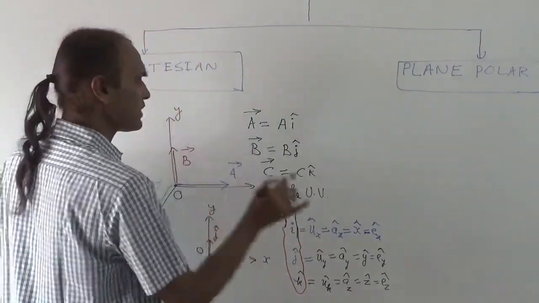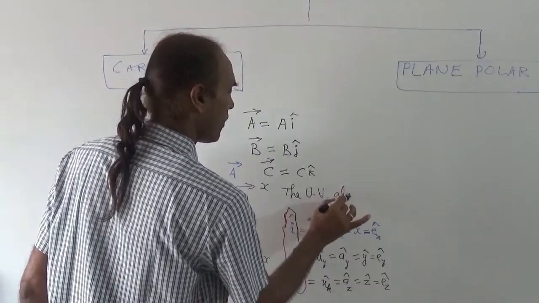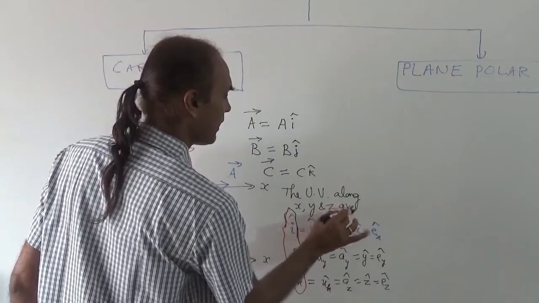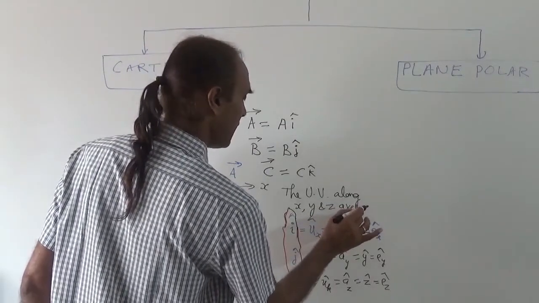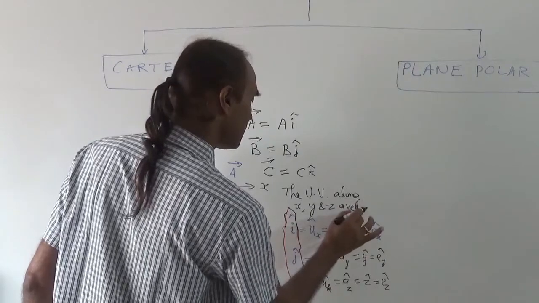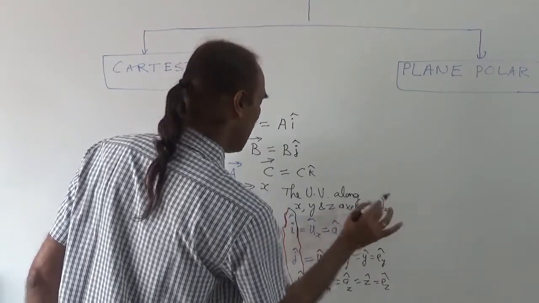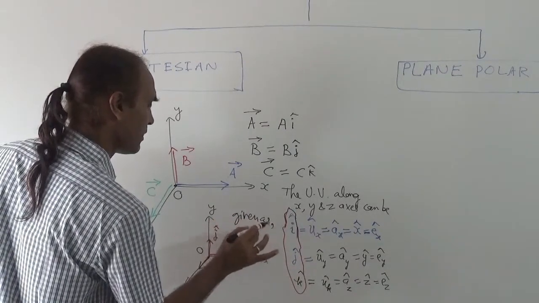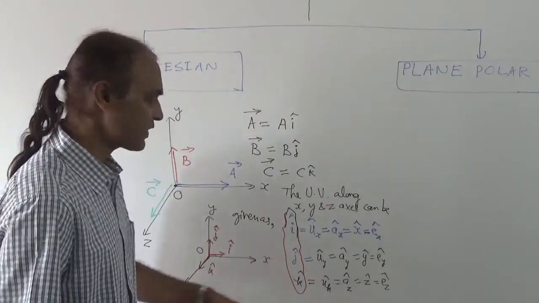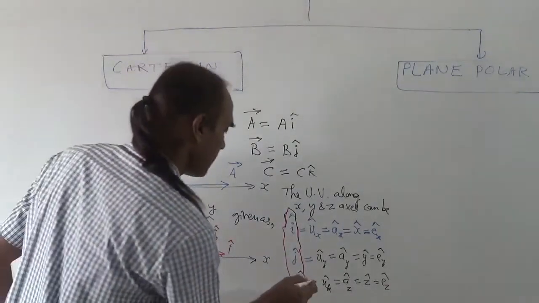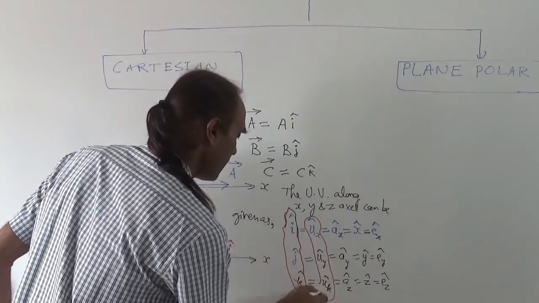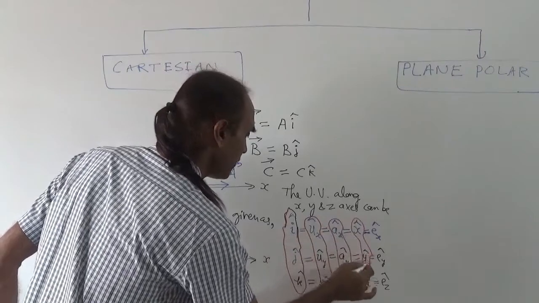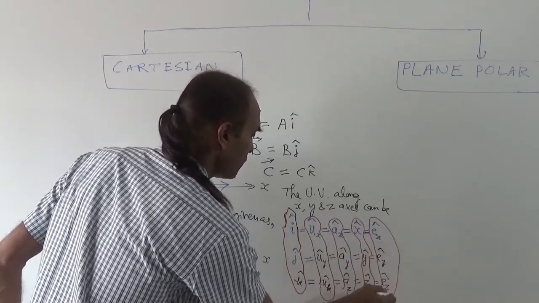So the unit vectors in the Cartesian coordinate system along the x, y and z axes can be given as i cap, j cap or k cap, or you can take other sets of unit vectors.